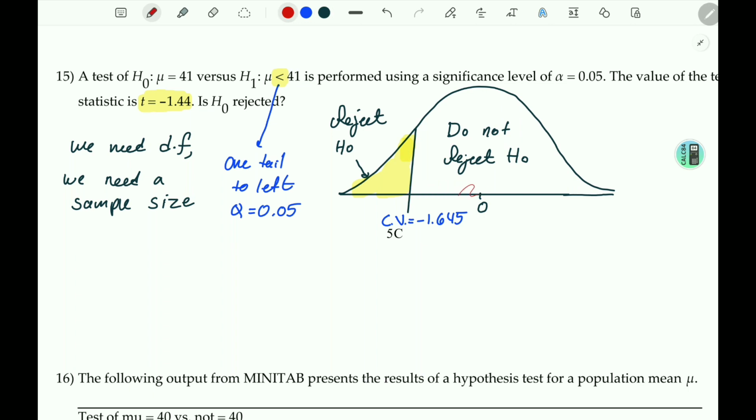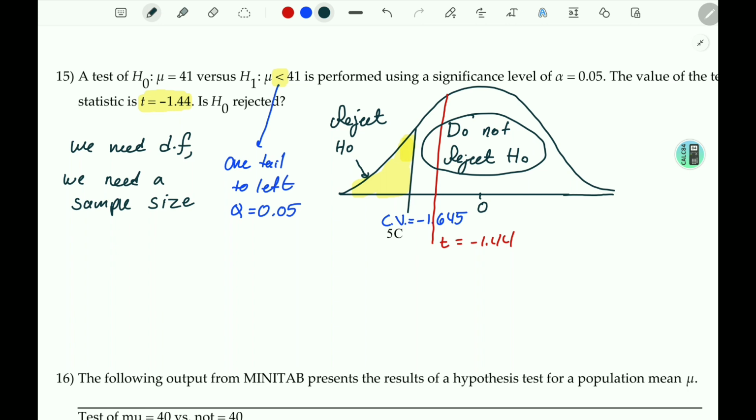That will fall on the left side of 0, but it will not fall within the critical region. That value will fall, let's be more realistic, right here. T equals negative 1.44, which means we do not reject the null hypothesis.